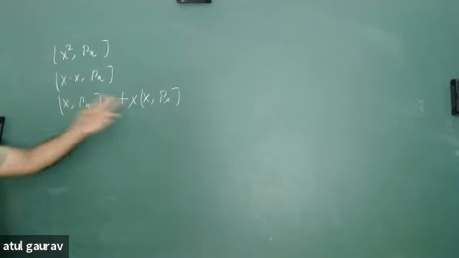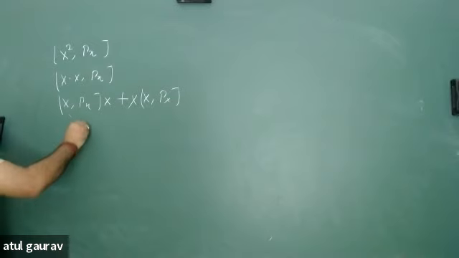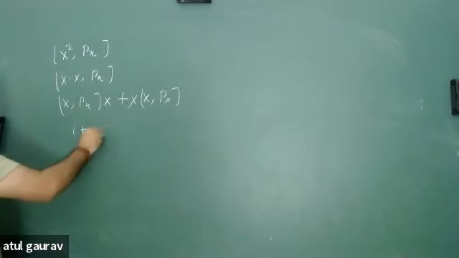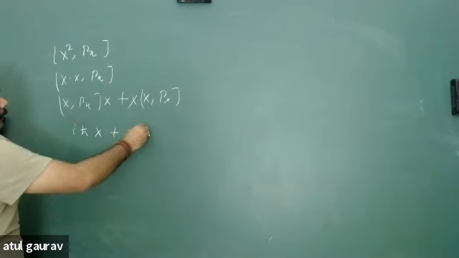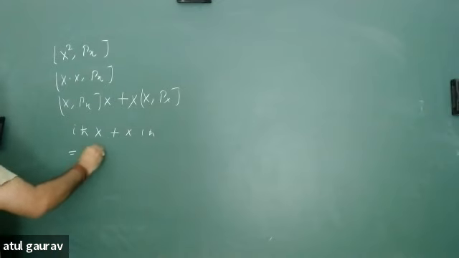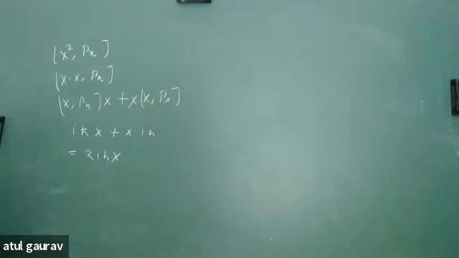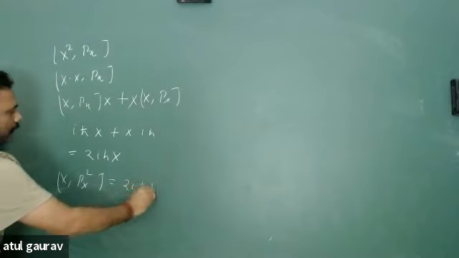Even if they are commuting, I will use this. What will be x px? It is ih cut x, and the other one will be ih cut. Ih cut is a number, so you can write 2 ih cut x. Similarly, you can have x px square. I am just writing directly. That will come out 2 ih cut px.